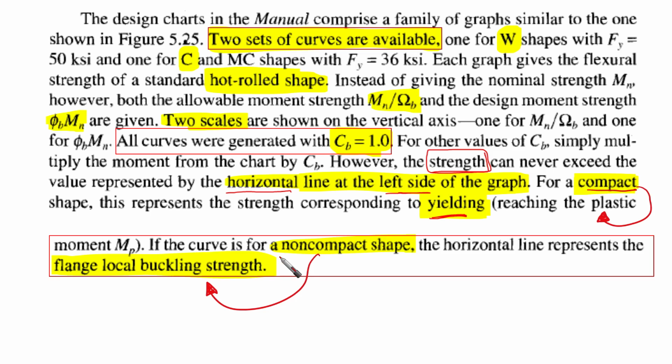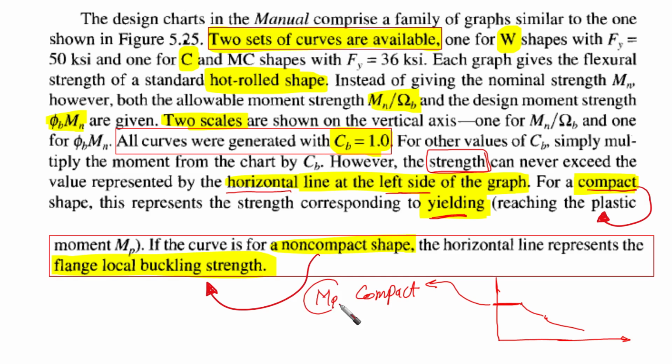And if the curve is for a non-compact shape, the horizontal line represents the flange local buckling strength. As I said, this is the curve that we usually have, right? Horizontal line for compact shapes means Mp, the plastic moment.